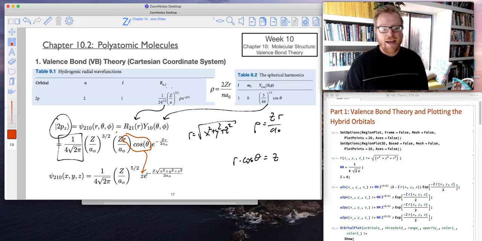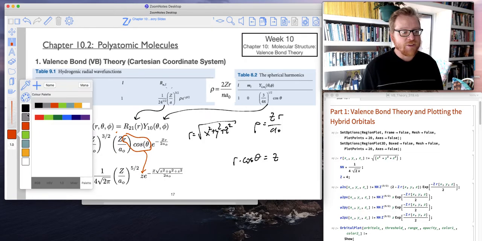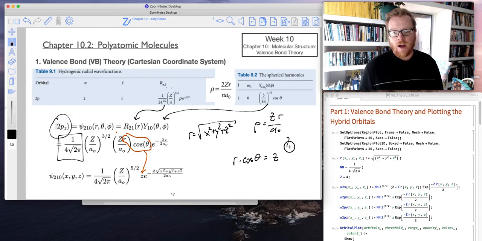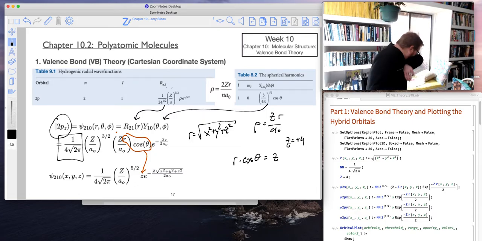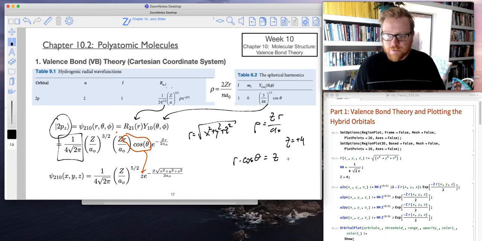Lovely. My exponential becomes e to the negative Zr over 2a, where remember, the capital Z is nuclear charge, and we're going to use Z equals +4 just as a matter of convenience. It's not totally physically accurate, but it's reasonably accurate.